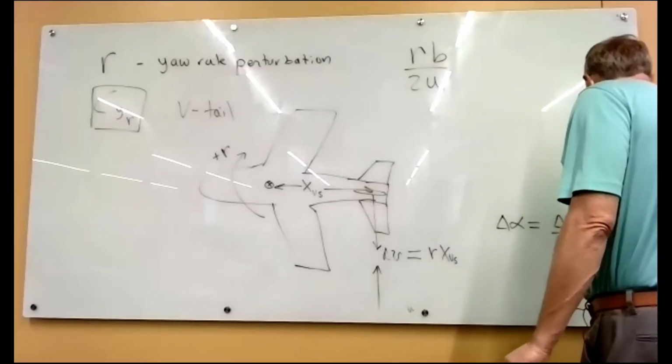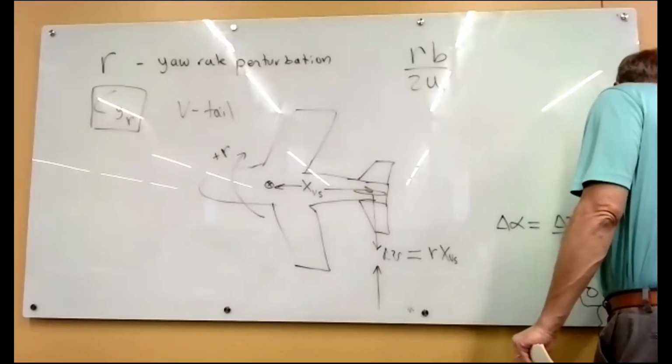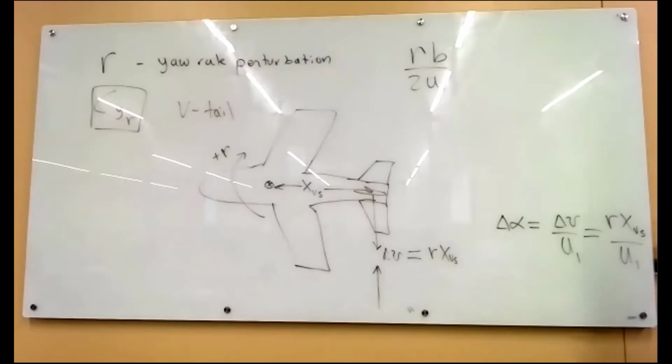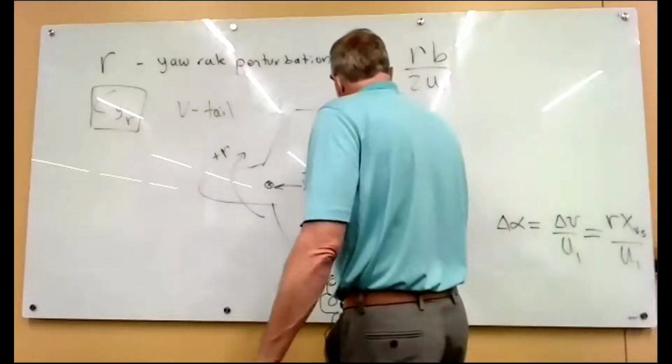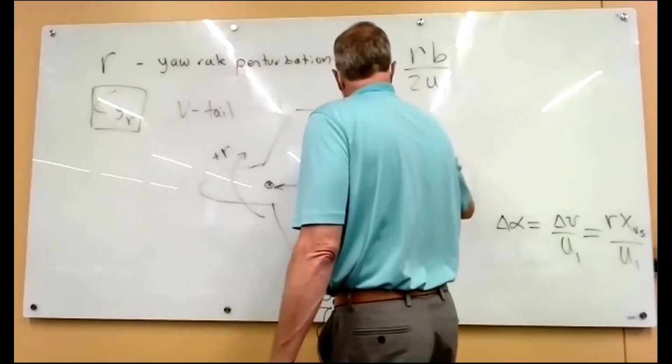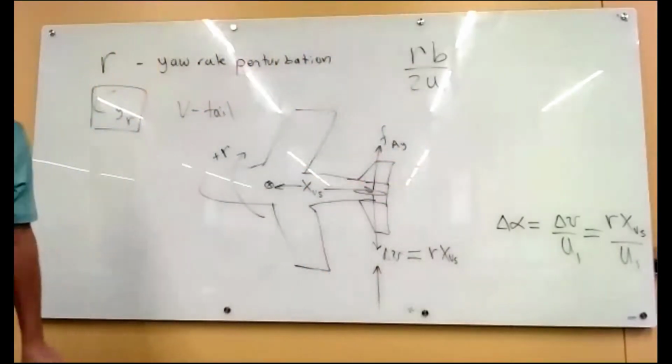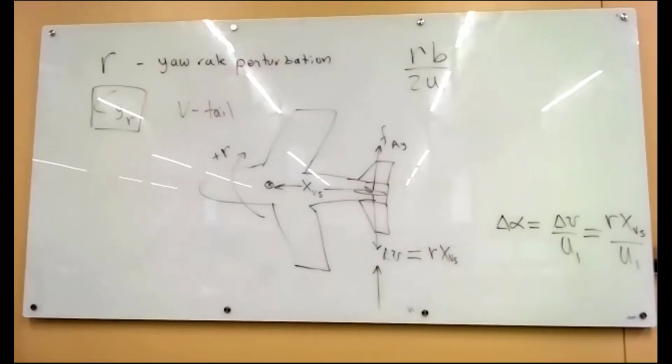So this is where R shows up in the side force, because this side force can be calculated from that change in angle of attack times the lift curve slope, and that gives us the force.